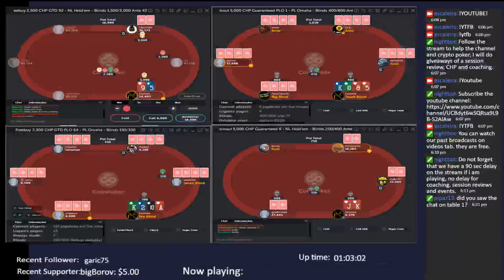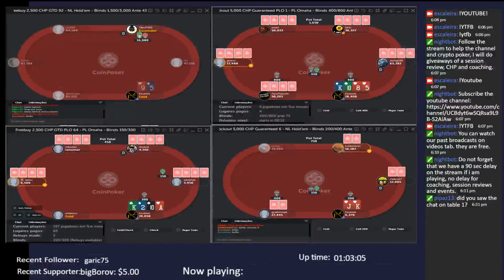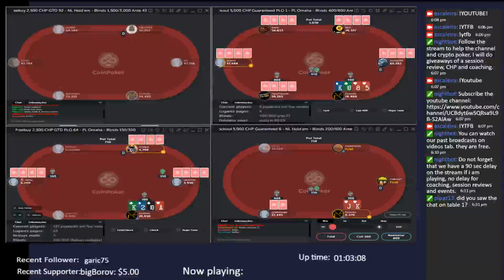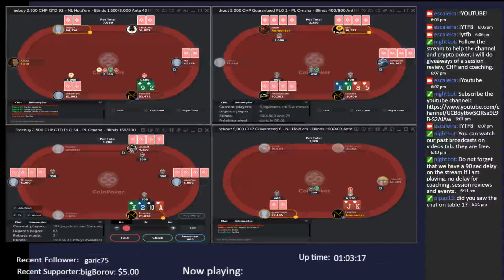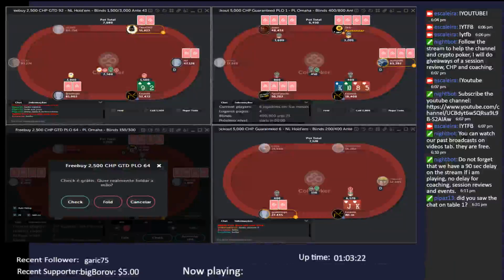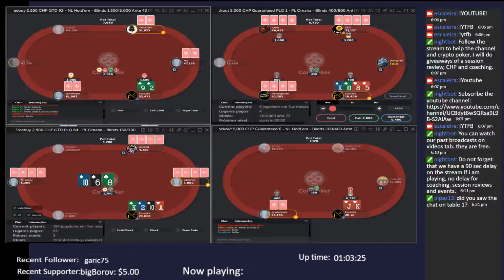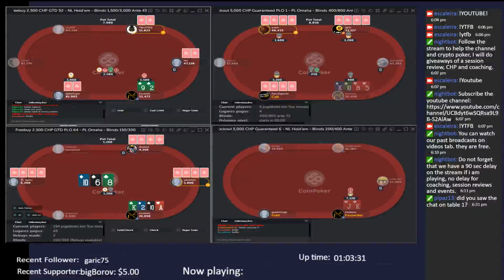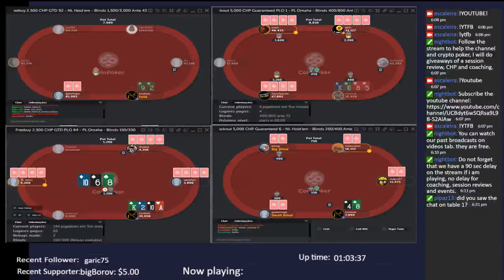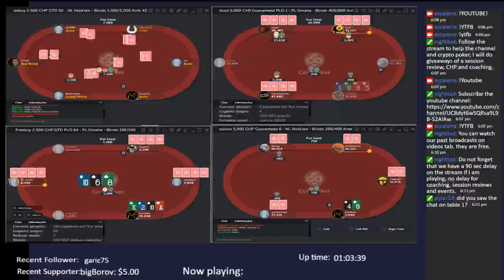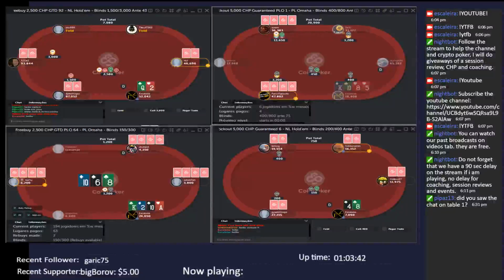And we need to work that. Here I'm shoving. He has a lot of stack. He can call with a lot of pairs and some weak aces, and I don't mind going to showdown with that.